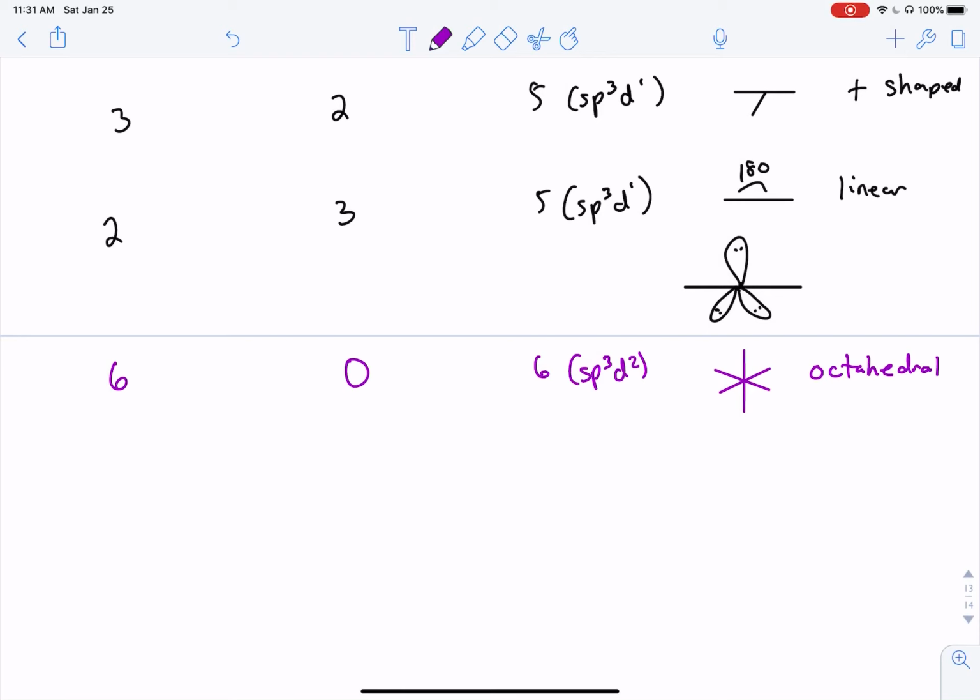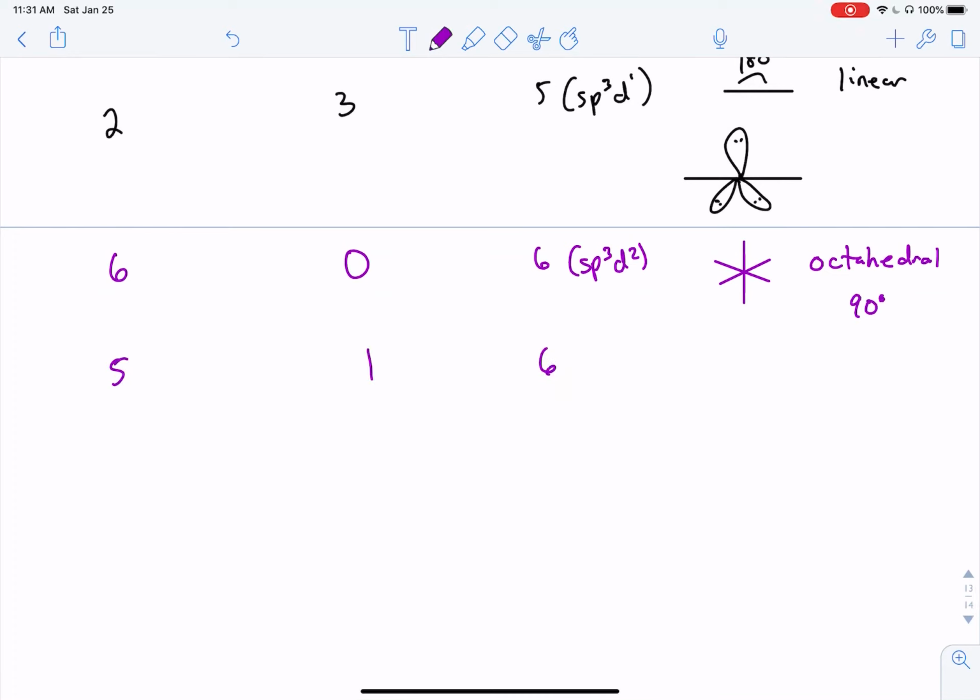Because even though it's only 3 lines, there are 8 faces. If you imagine this, there's a face that forms with these 3 lines, a face that forms with these 3 lines, a face that forms with these 3 lines, and a face that forms with the front 3 lines. That's 4 faces on the top, and there's 4 faces on the bottom the same way. So it's called octahedral, which is all 90 degrees.